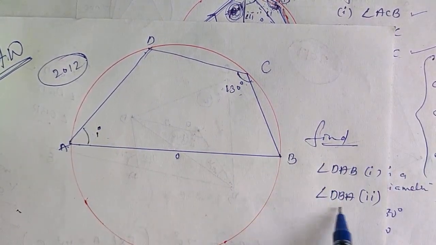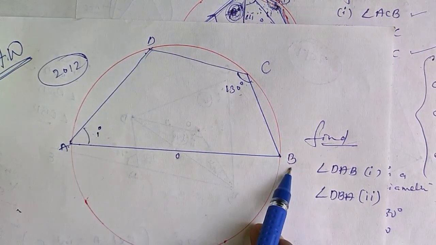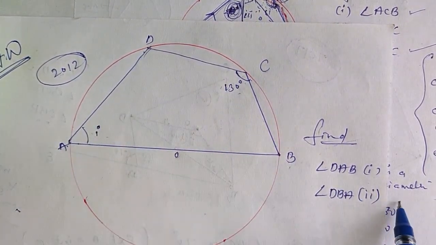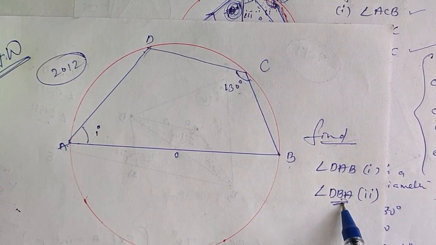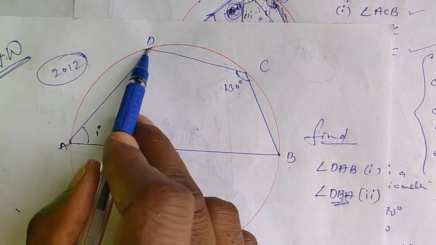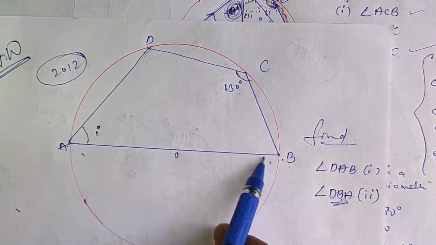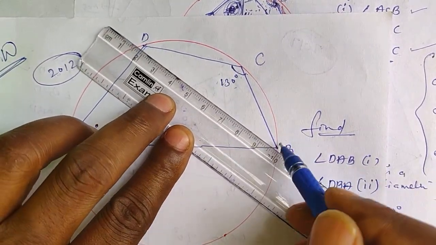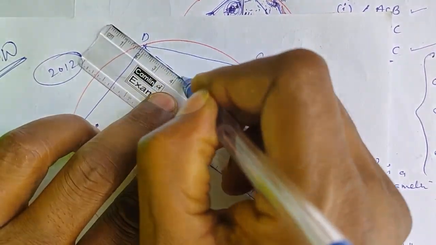Next is DBA. In the previous problem I told you, if any line is missing while getting any answer, you have to construct it. But from D to B there is no line, so you connect it yourself, in dotted line or straight line, no problem.